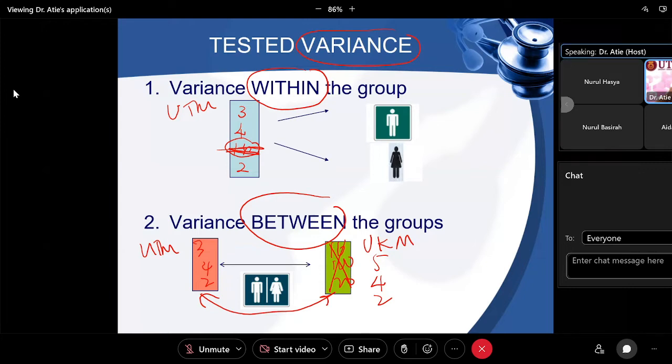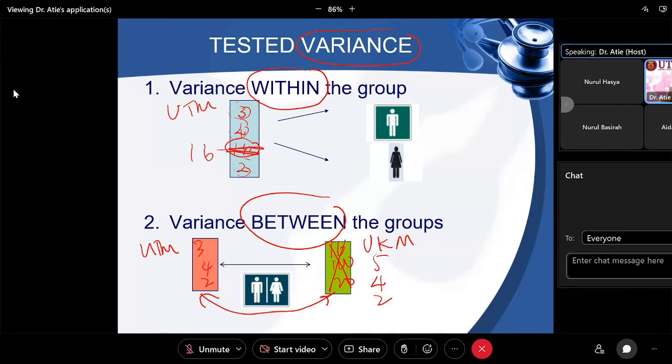So, what you need to do when you select your respondents, in UTM for example, they must have almost equal marks or scores. If you compare 3, 4, 2, and then 16, orang yang dapat markah 16 is too high.